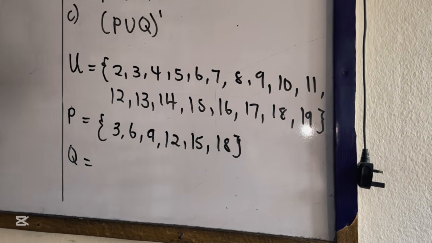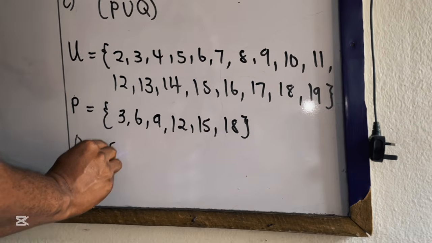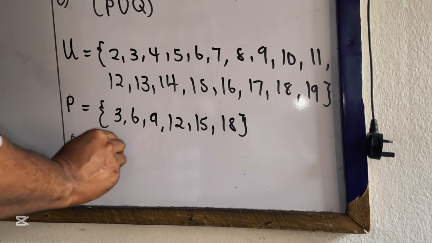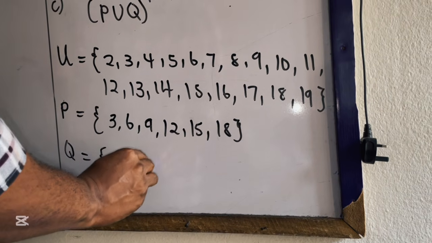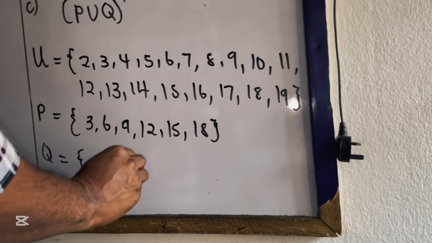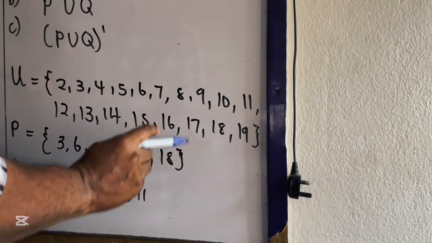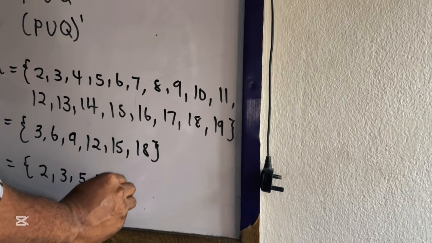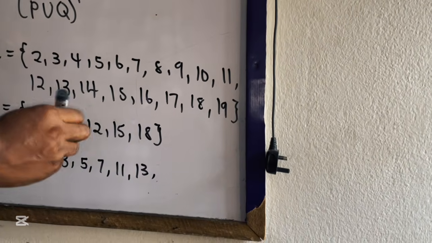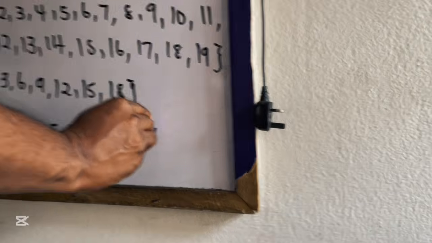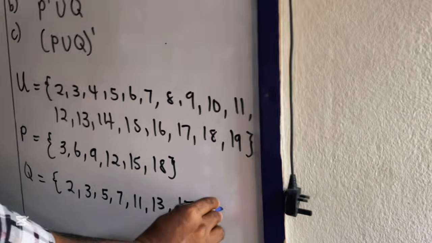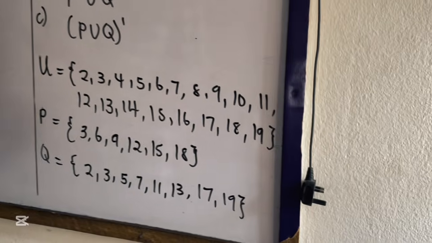The prime numbers are 2, 3, 5, 7, 11, 13, 17, and 19. Those are the prime numbers we have there.